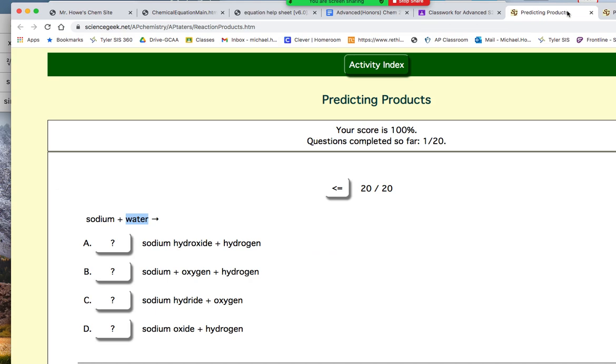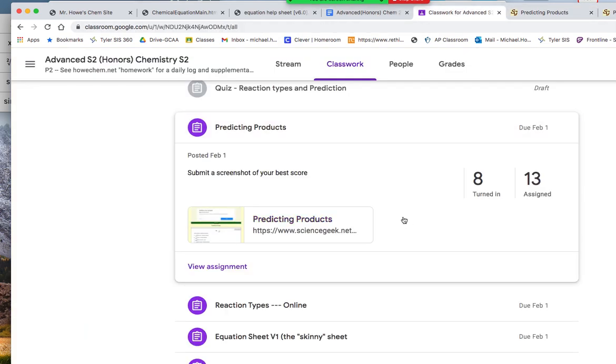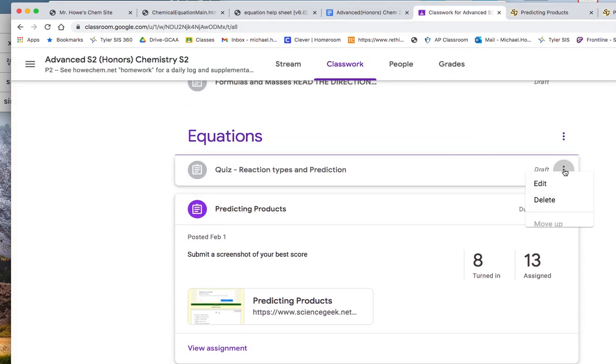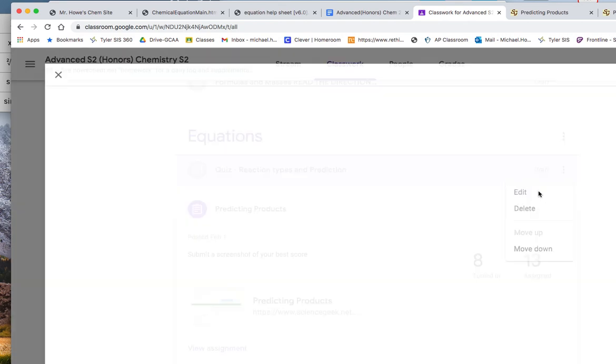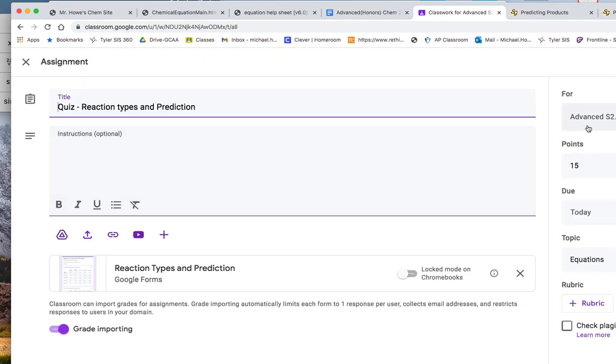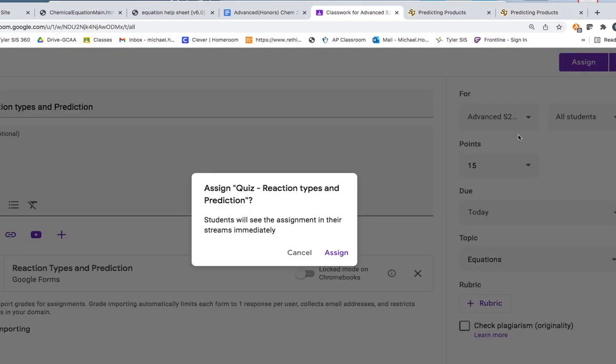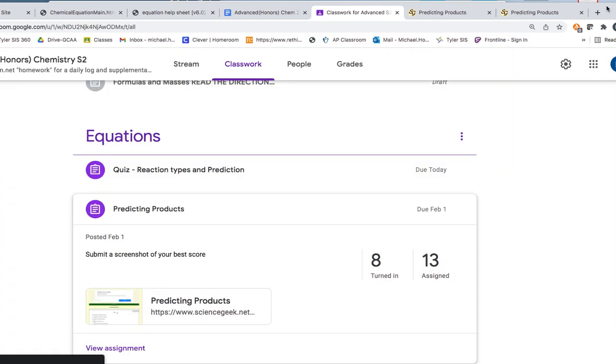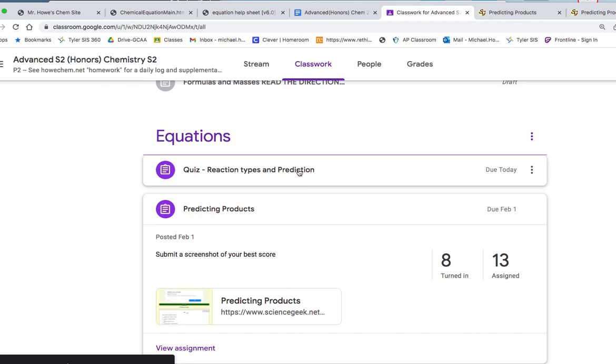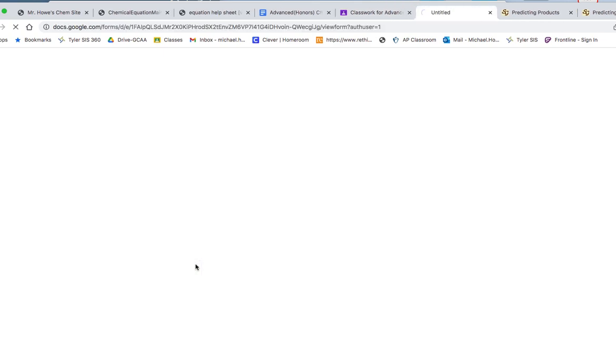So here we go, and we go classwork. It's a quiz, reaction types and prediction. Edit it, and assign it. All right, so it's going to pop up in your Google Classroom. It's going to look like this.